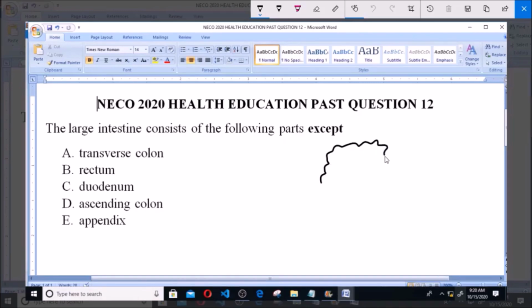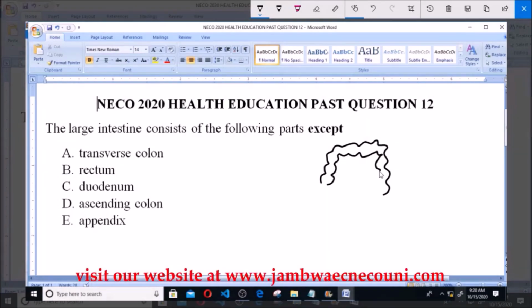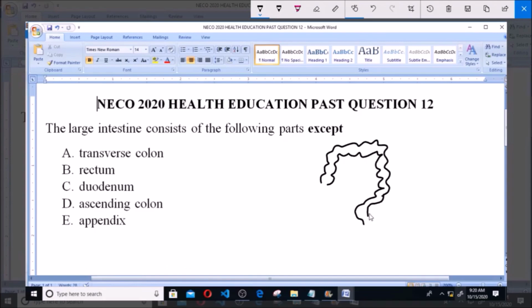This is how it is located in humans, forming the rectum. The initial part of the large intestine, where it connects to the small intestine, is known as the cecum, and this cecum contains the appendix, meaning that the appendix is part of the large intestine.